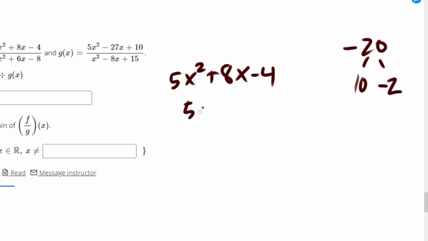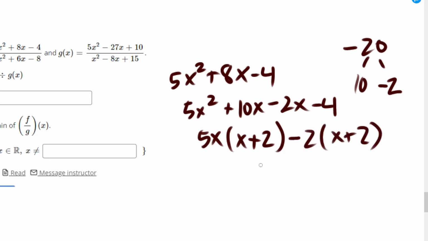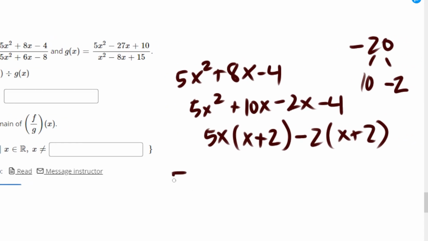So 5x squared plus 10x minus 2x minus 4. Now we can factor by grouping. 5x is x plus 2, and then take out a negative 2, x plus 2. So our top for this one is going to be 5x minus 2 and x plus 2.